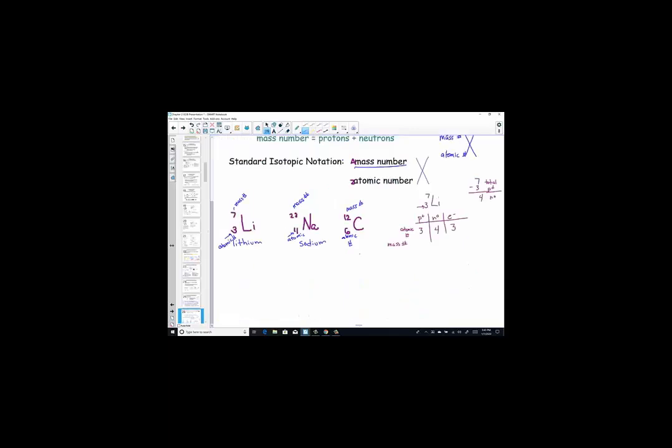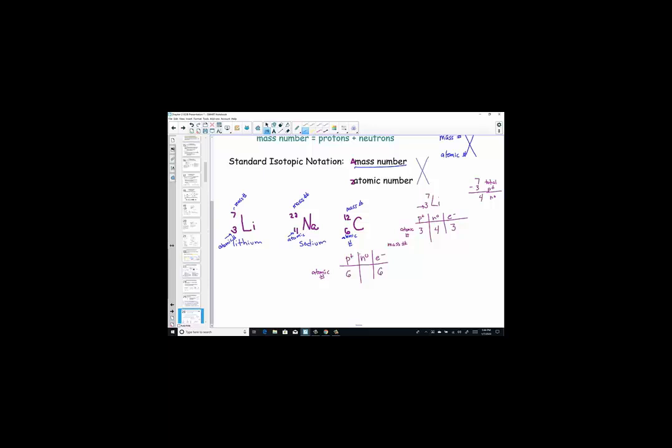In this example, the standard isotopic notation for carbon, how many protons, neutrons, and electrons of each? Since the atomic number was 6, I know with confidence that the number of protons is 6. By definition, the atomic number gives me the identity of the atom. And therefore, I also know that there's 6 electrons because atoms are neutral.